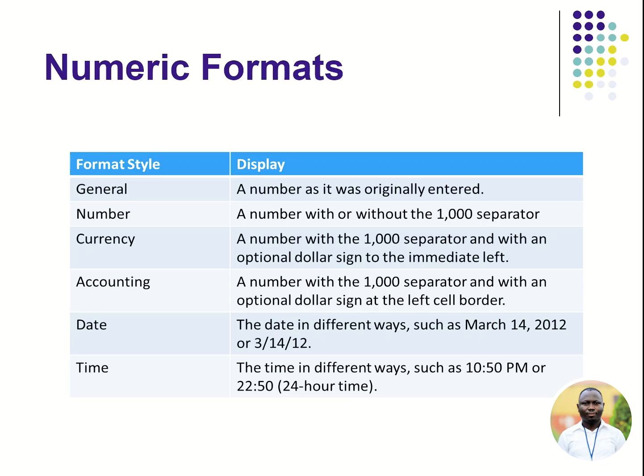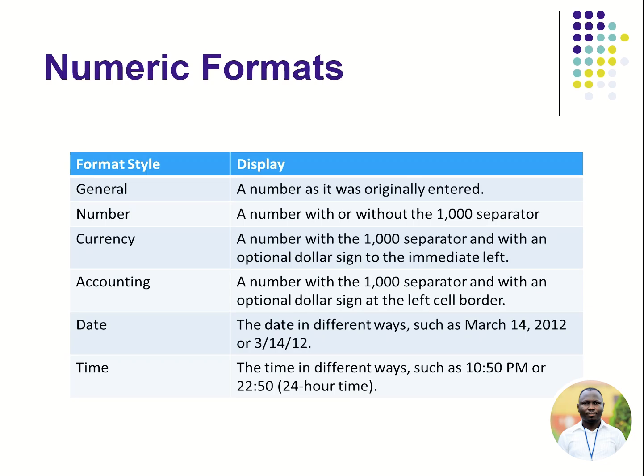Let's go to Number: a number with or without the 1,000 separator. Then when we go to Currency, a number with 1,000 separator with an option of adding the sign to it. It can be the dollar sign, shilling sign, or whatsoever sign you want to add to it.